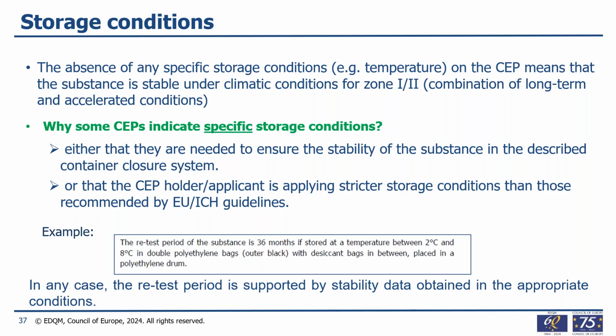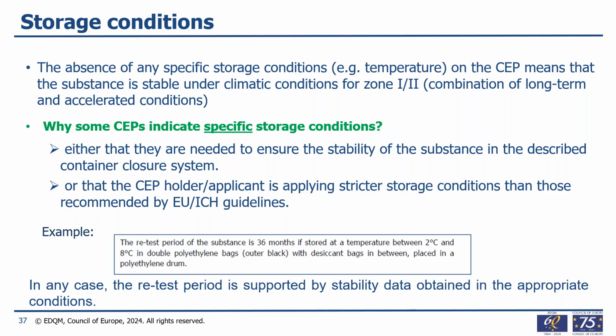But in some cases, the CEP indicates a specific storage condition. And in these cases, they are needed to ensure the stability of the substance in the described container closure system, or the CEP holder is applying stricter storage conditions than those recommended by the ICH guidelines, which is now also accepted.